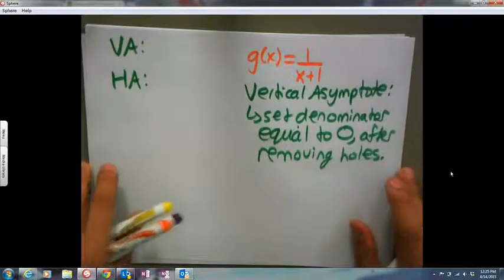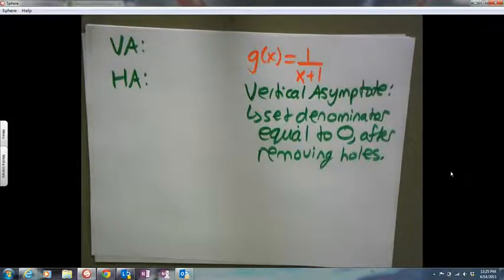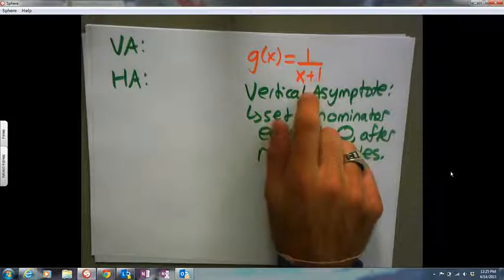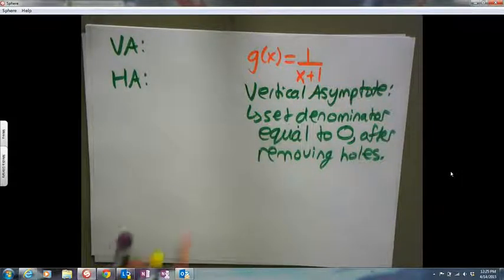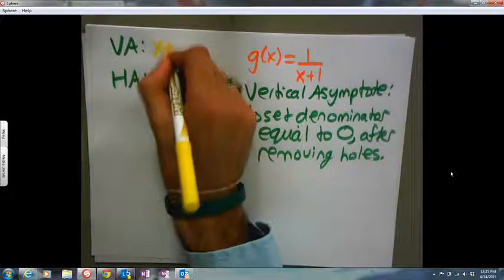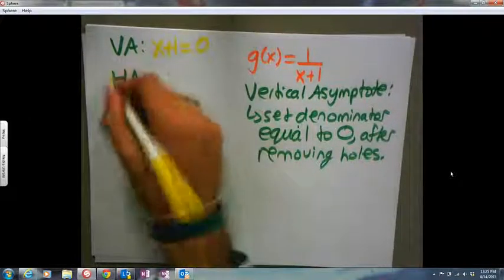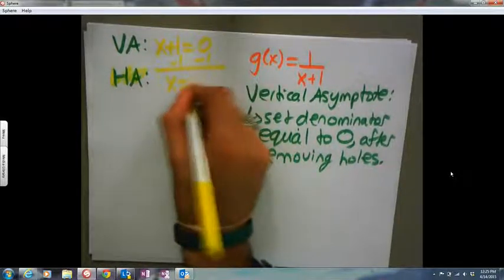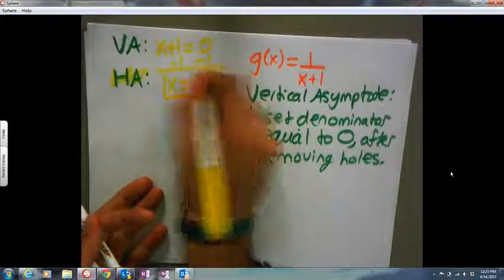We already took care of the holes. We removed them. So now we're just going to set the denominator equal to 0. So denominator x plus 1 equals 0. Solve for x. So here is our vertical asymptote. Questions?